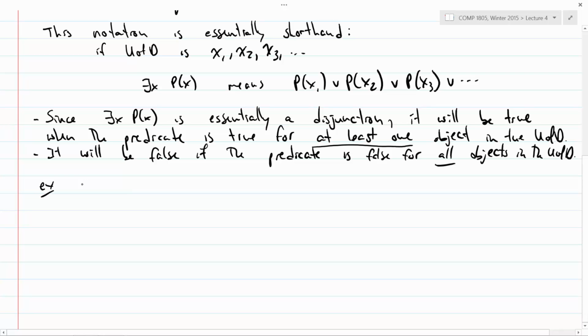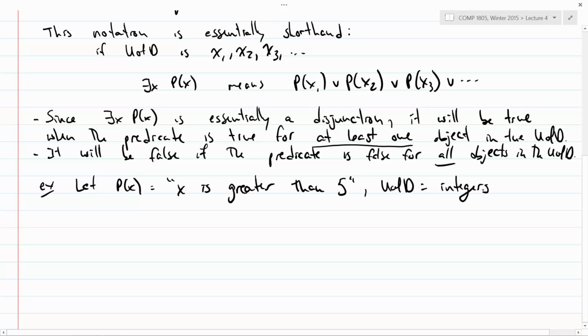So let's do some examples. Here's one. Let P(x) be the propositional function x is greater than 5. Well, in that case, first we specify the universe of discourse. The universe of discourse is the set of integers, so all integers, positive, negative, and 0.